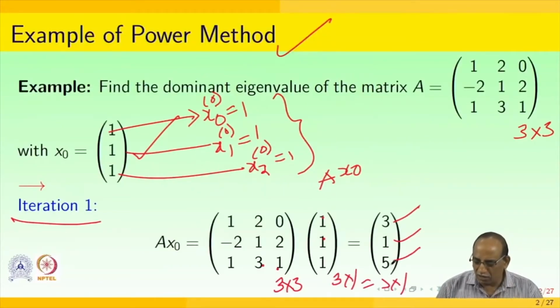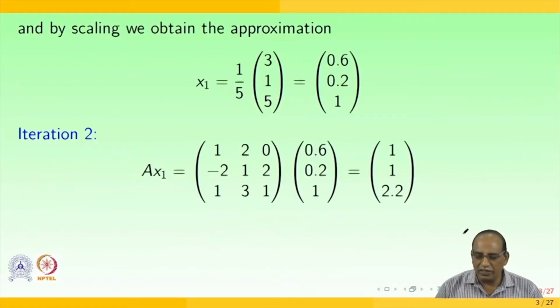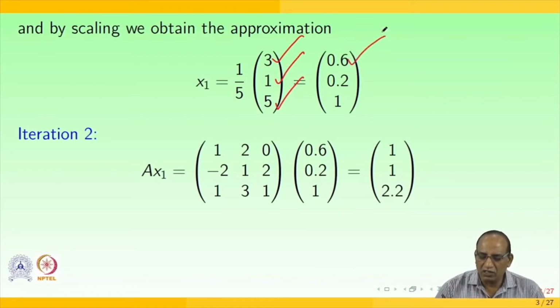In this, the bigger value is 5, so I divide by 5. So it is 3 by 5, 1 by 5, 5 by 5, which is 0.6, 0.2 and 1.